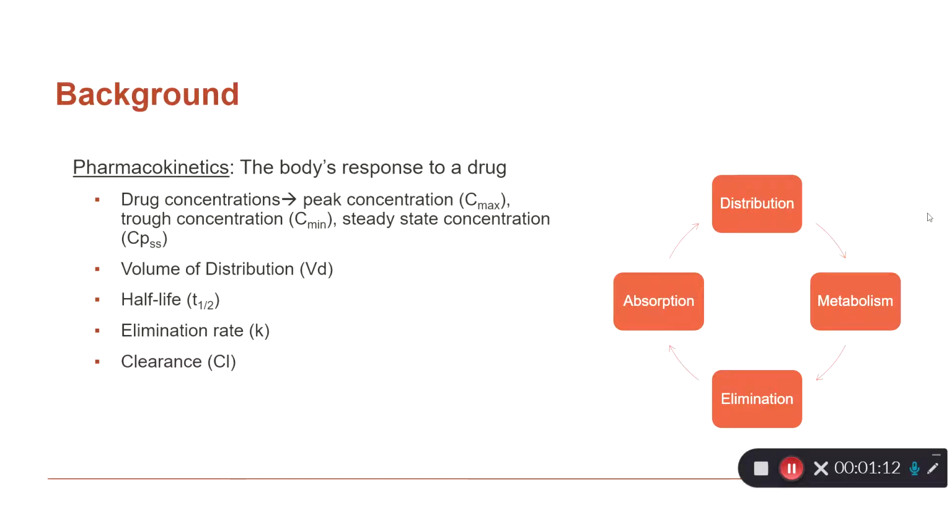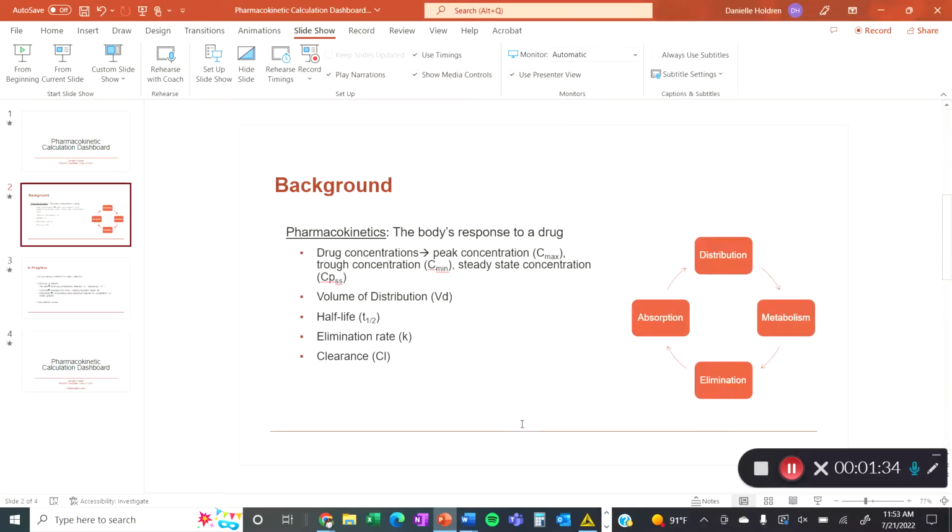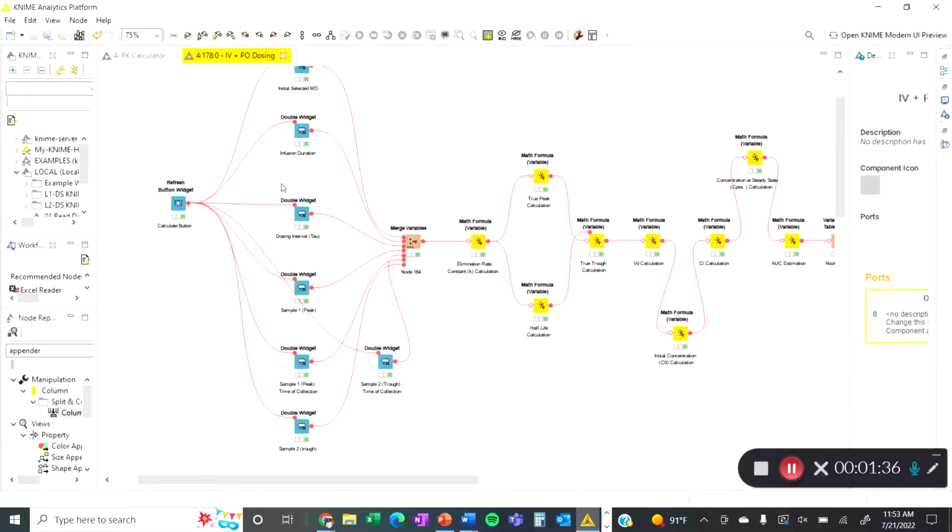However, there are so many different parameters that I actually didn't touch upon. So this is really just a baseline of what we can do with these pharmacokinetic calculations. My calculator incorporates about 20 or so calculations, but there are so many more that can be done. And so with that being said, I will go ahead and walk through my created workflow.